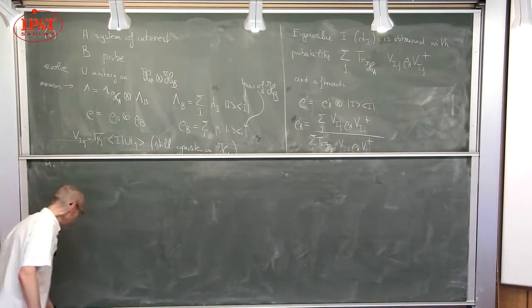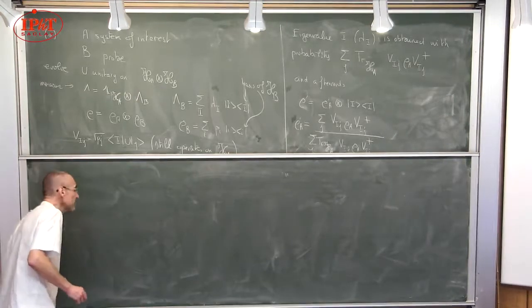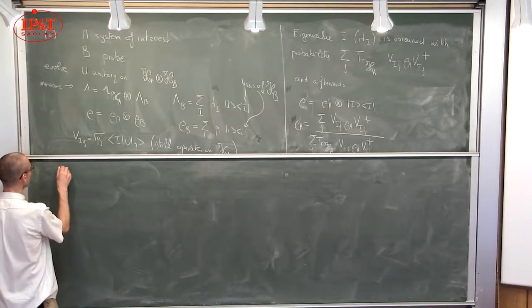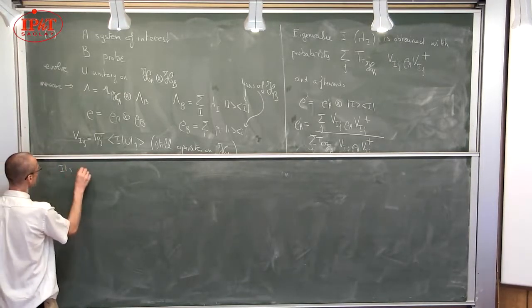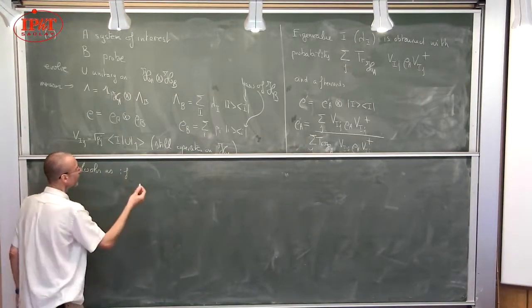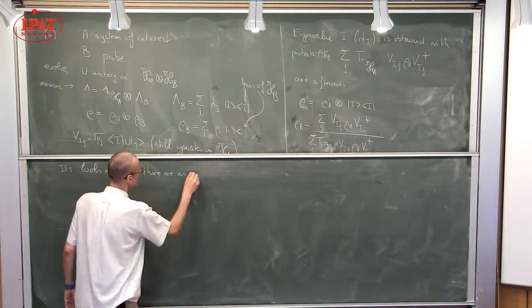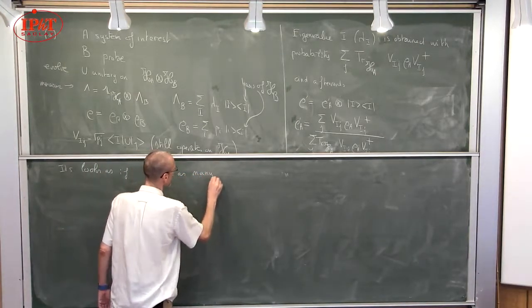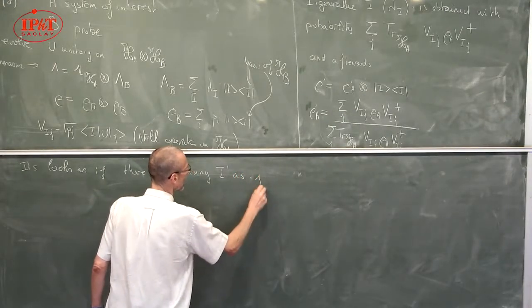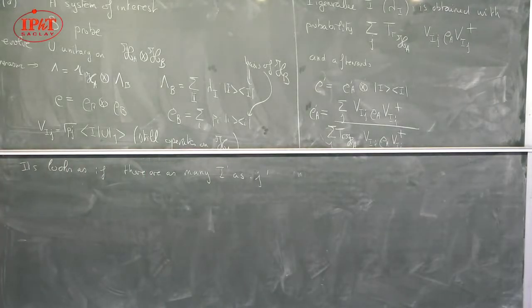So let us go to an important special case. Somehow it looks as if there are as many capital I's as small j's.